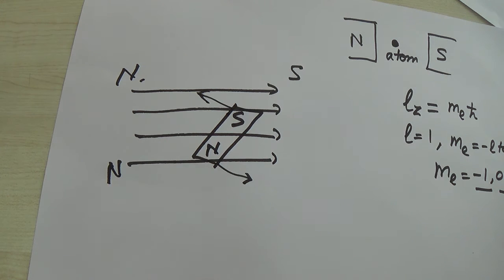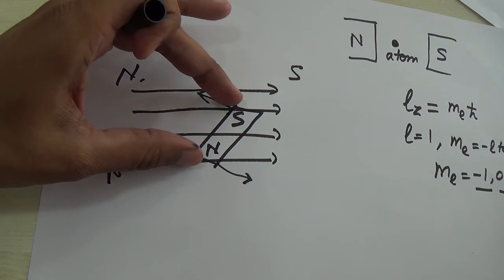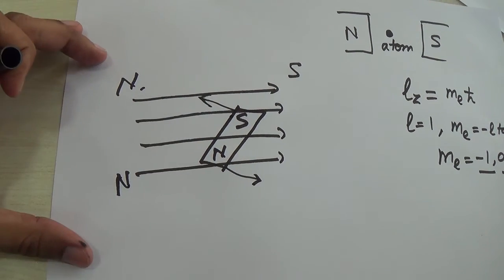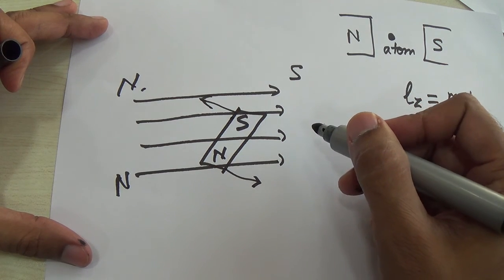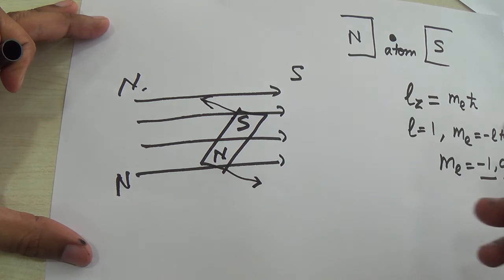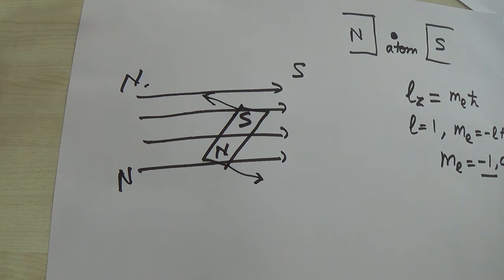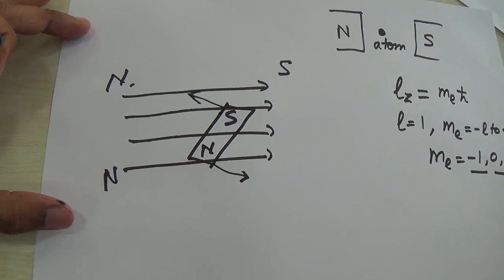So a torque is basically exerted on the magnetic dipole, and because of that it starts to rotate on its axis and tries to align into the direction of the magnetic field. On the other hand, you can say that the magnetic field tries to orient this magnetic dipole in the field direction.